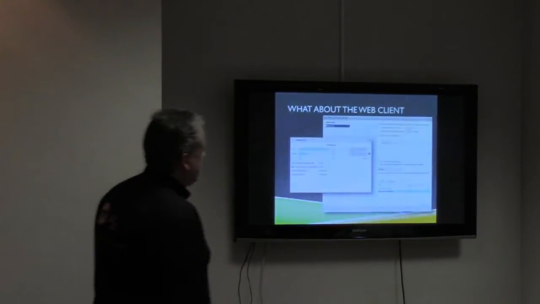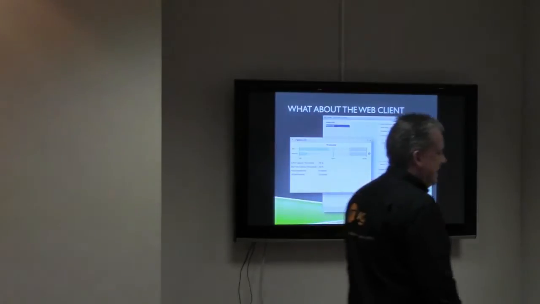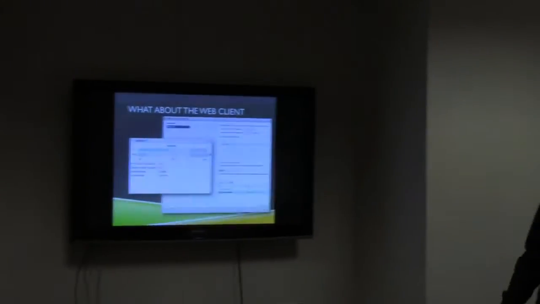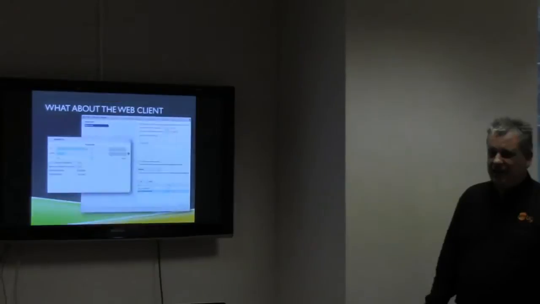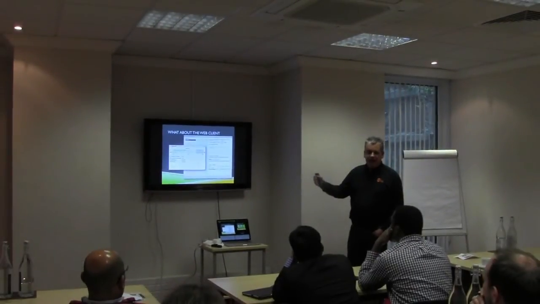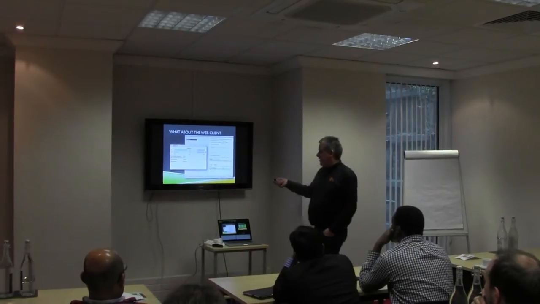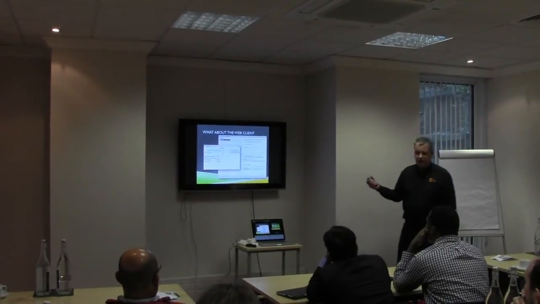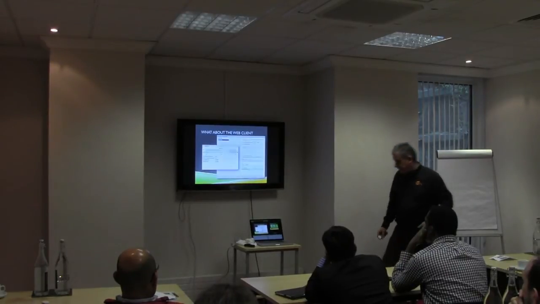So the web client is pretty cool, because the web client has a nice overview of reservations of all your virtual machines and the reserved capacity left in your cluster. So you can see all the virtual machines for CPU and memory added up, and you can see at one glance how many resources are available on this particular host or in this particular cluster.